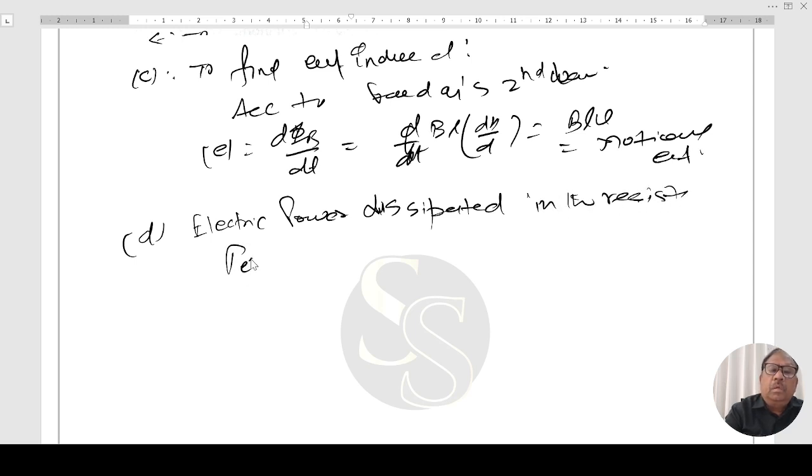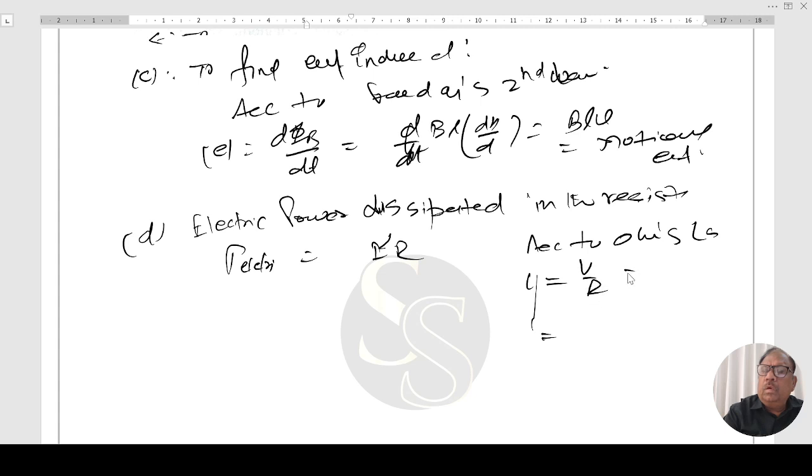P electrical dissipated will be equal to I square R. According to Ohm's law, I equals V upon R, that is EMF induced divided by R, that is BLV upon R. This is the induced current.